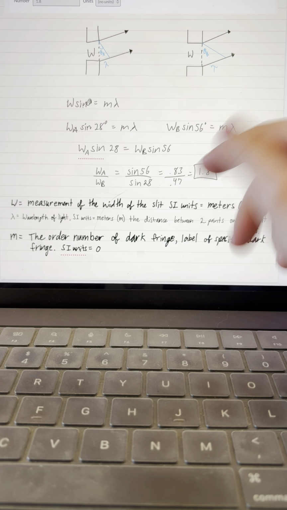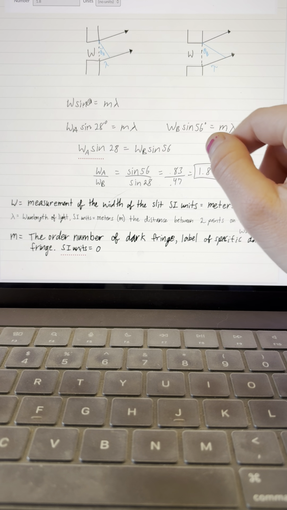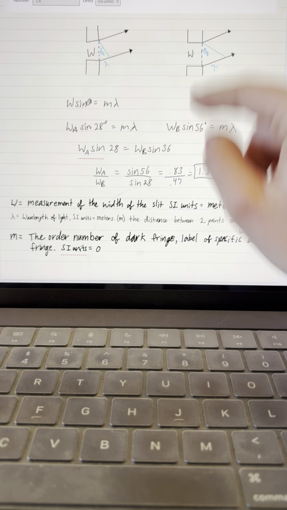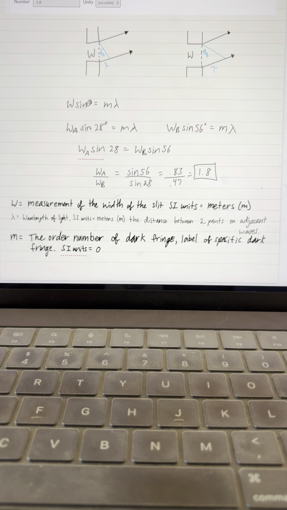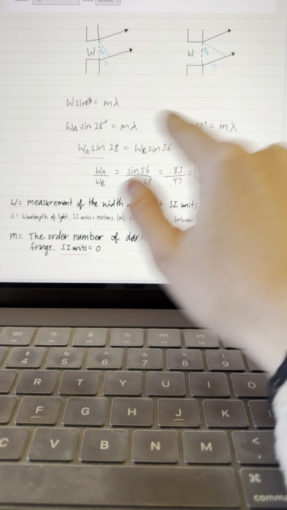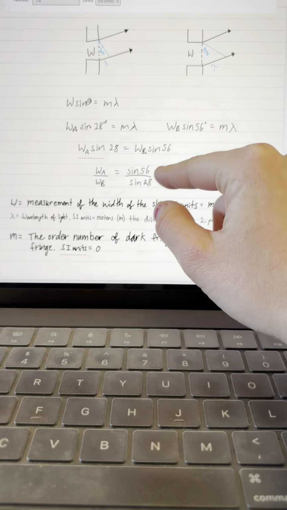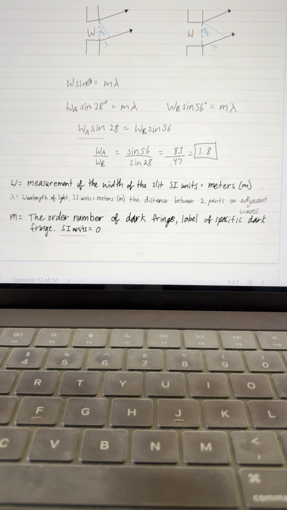And for our other problem, we have WB, the width for B, sine 56 degrees equals m times wavelength. Since both equal m times wavelength, we can set them equal to each other. So we can get rid of the m and the wavelength, so we don't even need those for this problem, but they were needed in order to describe this.